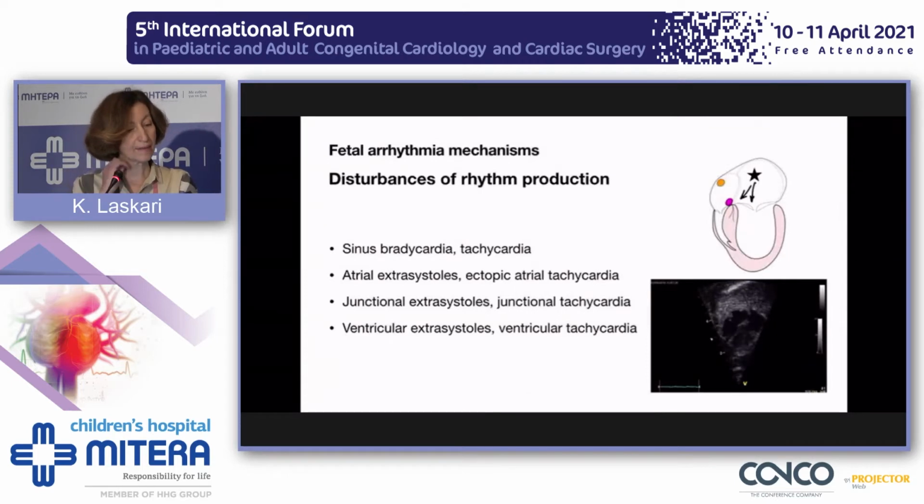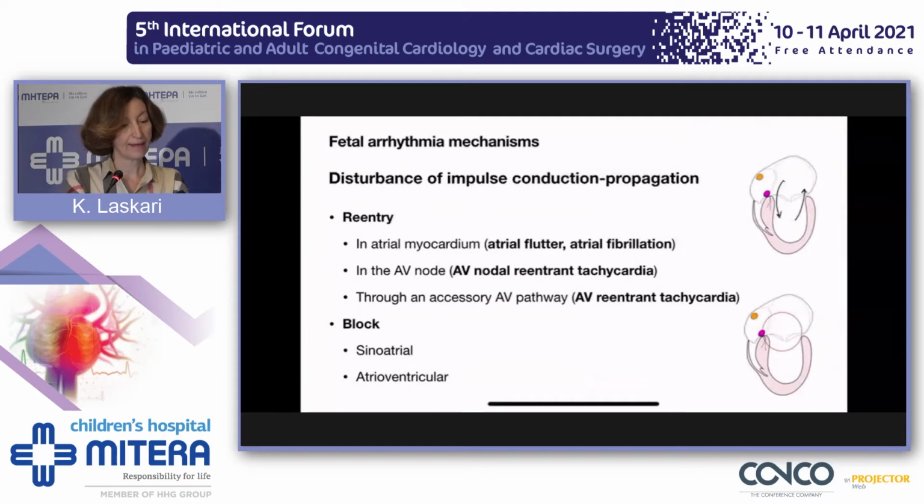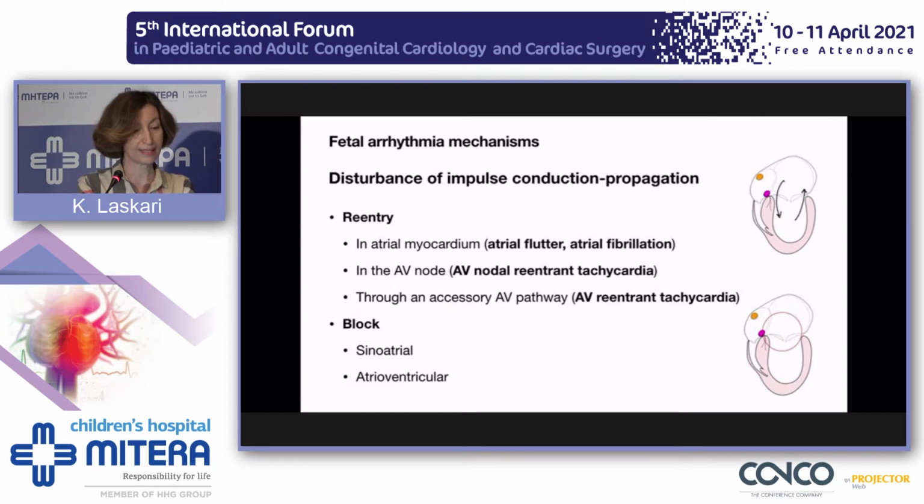In terms of fetal arrhythmia mechanisms, they can be divided into two major categories. There are disturbances of rhythm production, like sinus bradycardia, sinus tachycardia, atrial extrasystoles, ectopic atrial tachycardia, junctional extrasystoles, junctional tachycardia, ventricular extrasystoles, and ventricular tachycardia. Another major category includes disturbances of impulse conduction and propagation.